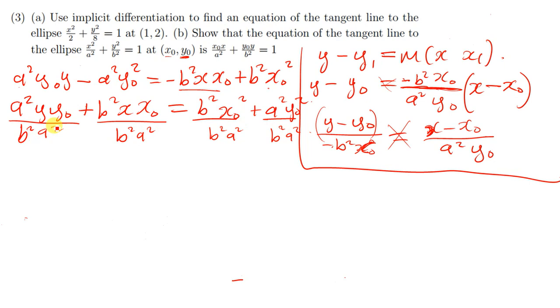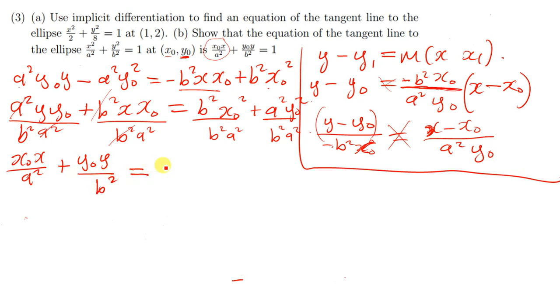So you can see that here a squared and a squared will cancel, and here b squared and b squared will cancel. Let me start with this one because it's the one that they started with there. I'm going to have x naught x over a squared, plus y naught y over b squared.